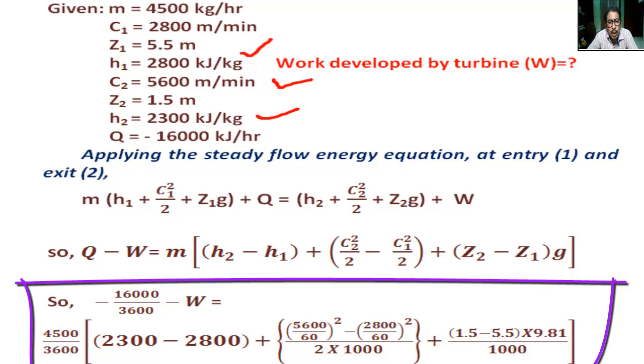We convert it into meter per second, 5600 by 60 whole square, minus C1 equal to 2800 meter per minute.